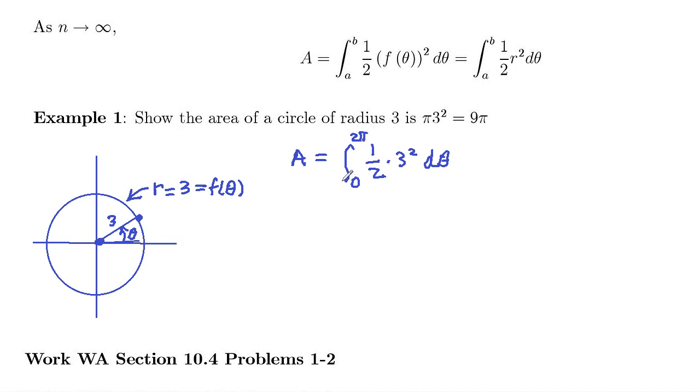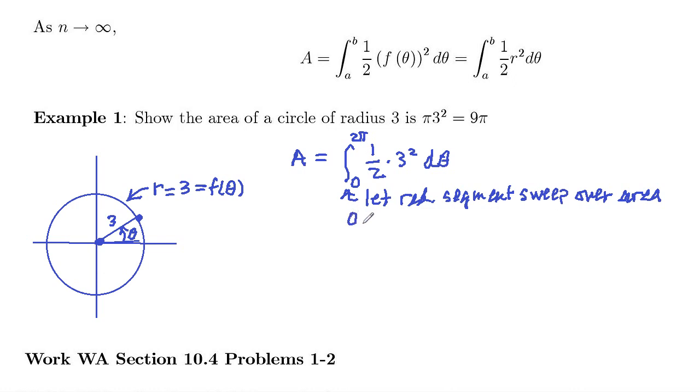So what I did to get those limits of integration is I let a general radial segment sweep over the area. And then the limiting positions that touch the region are 0 and 2 pi.